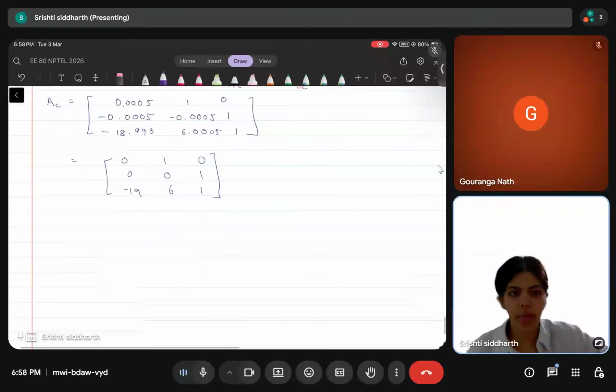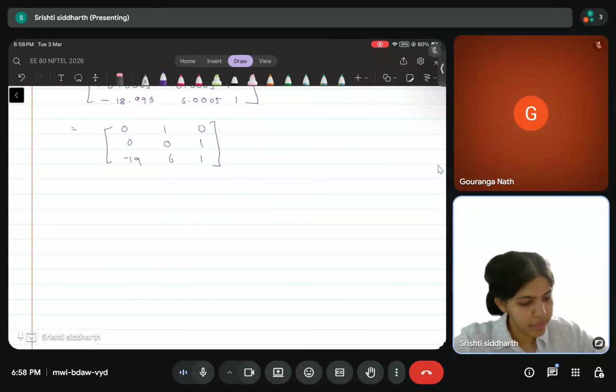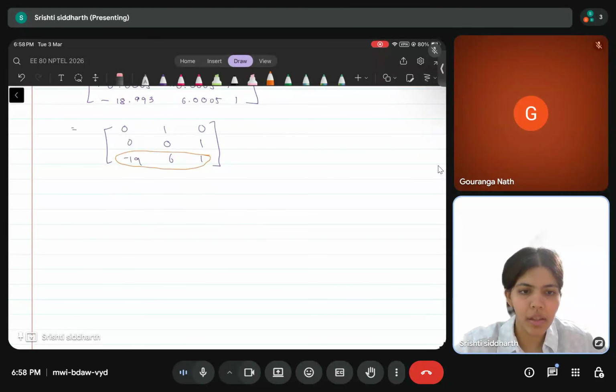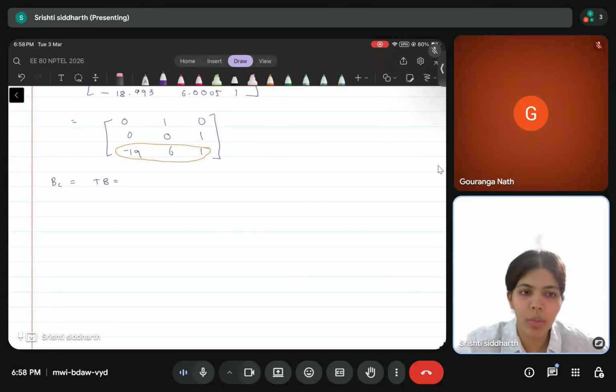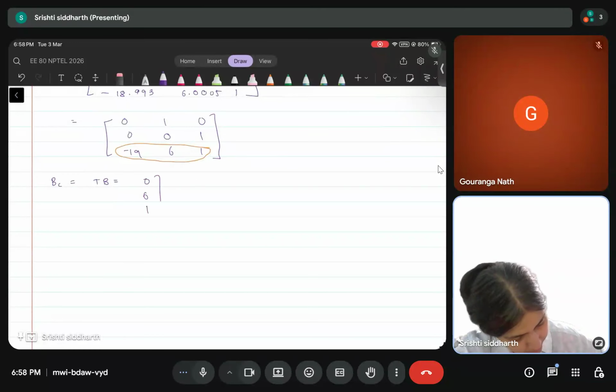So this is the first companion form. We have a chain of integrators in the upper rows, and in the last row we have the negative of the coefficients of the transfer function. Let's write BC also, which is T times B. In the first companion form, it should come out to be exactly 0 0 1.